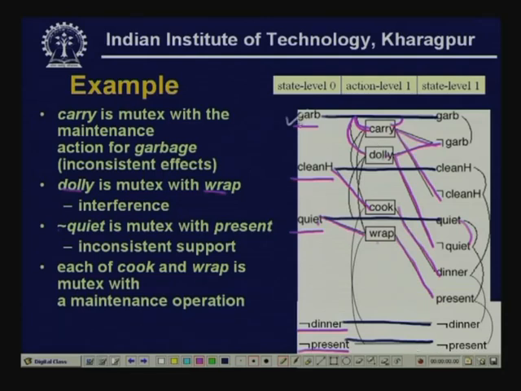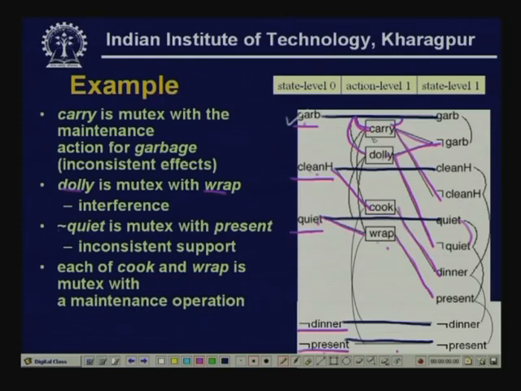So, we start with the initial state garbage, clean hands, quiet, no dinner, no present. And these are the 4 possible actions: carry, dolly, cook, wrap, and these are the maintenance actions. Then we find all the mutex relations between these actions according to the 3 rules that we have looked at.